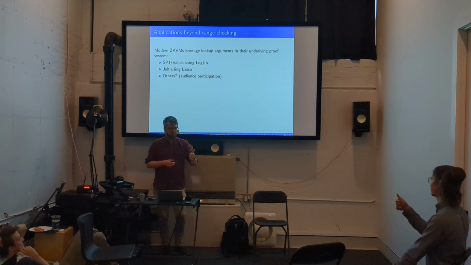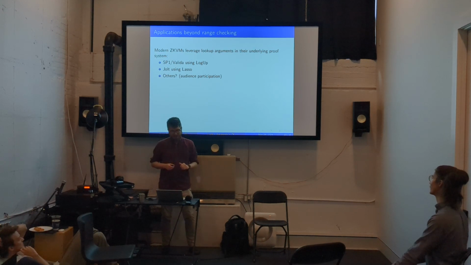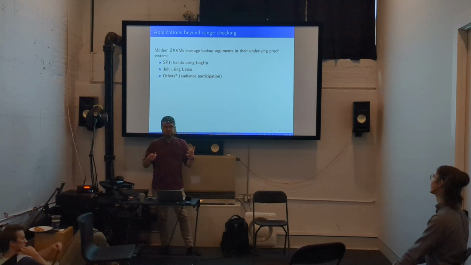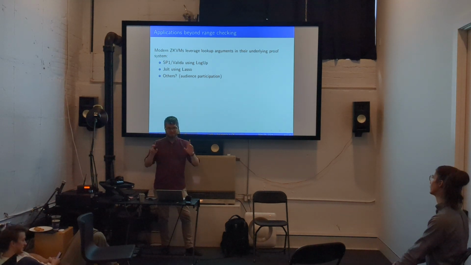But there are some ZKVMs which are very lookup centric. Two of the big ones that have been in the news lately are SP1 and Lita. It uses logup in their lookup arguments. Jolt uses Lasso. And here I'm opening up audience participation if anyone wants to yell out other ZKVMs they know that use lookup arguments. I couldn't think of any, but I'm sure there are.